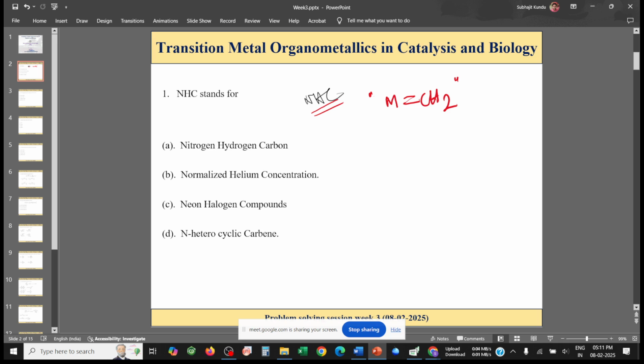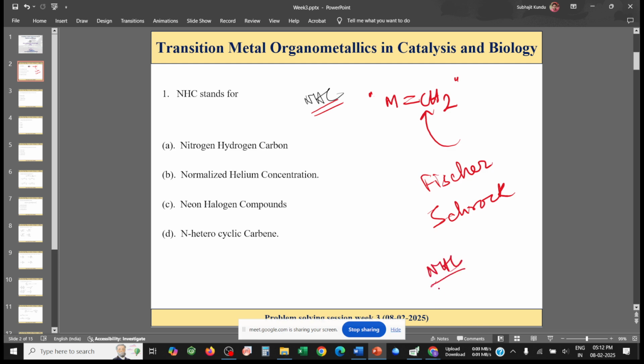Depending on the nature of this carbene carbon atom, we have seen different types of carbene. One is the Fischer carbene, another is the Schrock type of carbene, and the third one, which may be called a Fischer type of carbene but is a totally different kind of carbene, is called NHC.